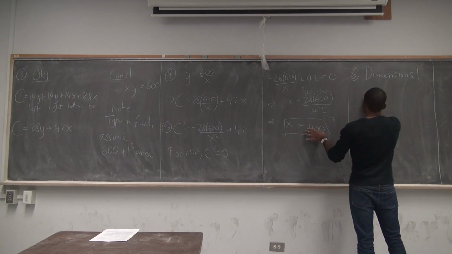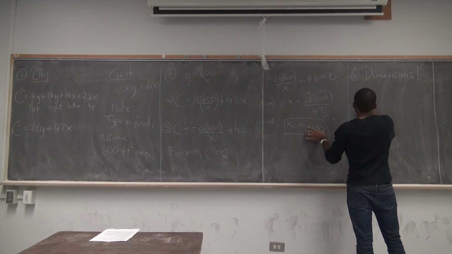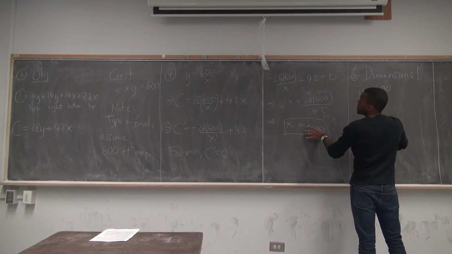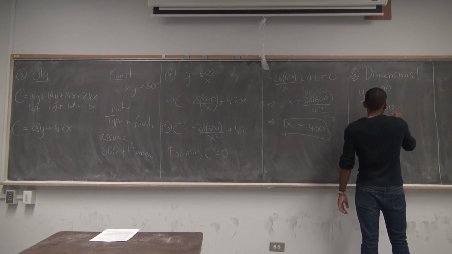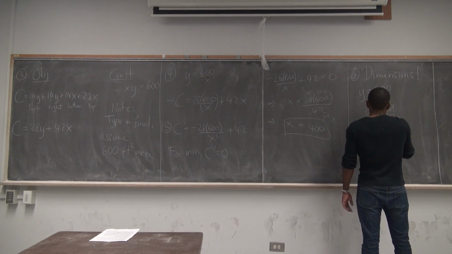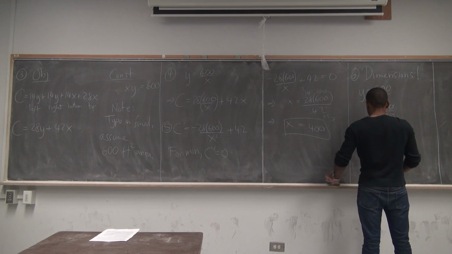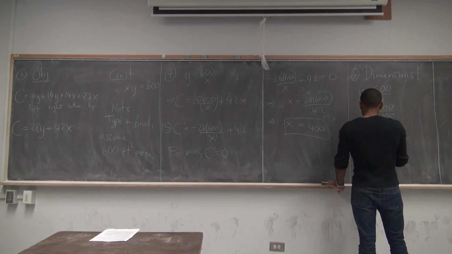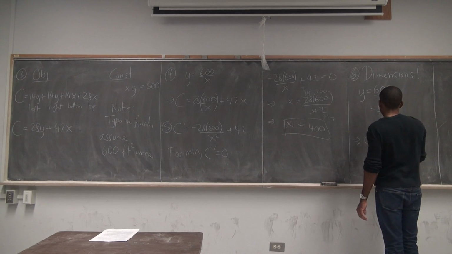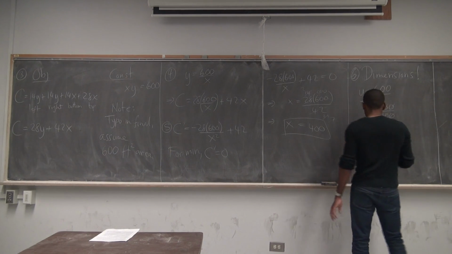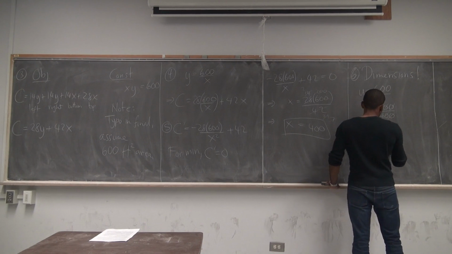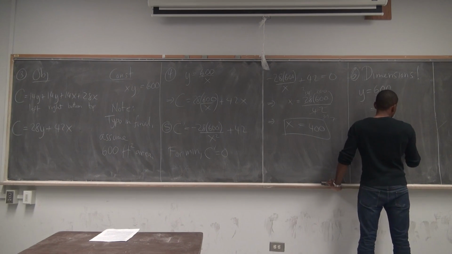So I know x is 400, so my y is 600 over x, which is 600 over 400. This equals 1.5. So it's a 400 by 3 halves rectangle.